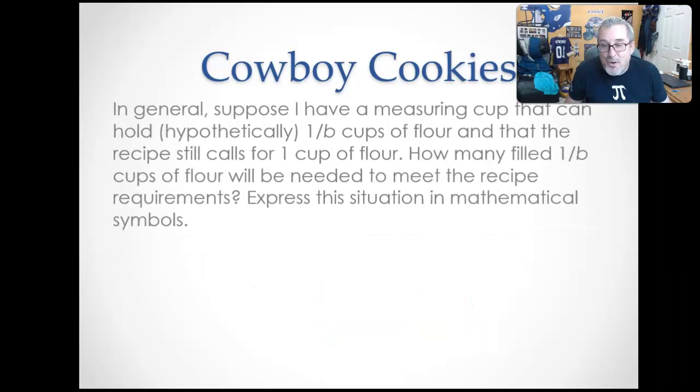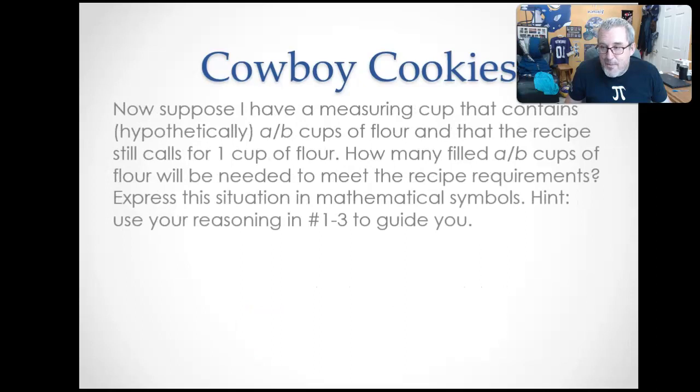So in general, what are we talking about here? Suppose we have a measuring cup that contains A over B, A copies of 1 over B cups of flour. And the recipe still calls for 1 cup of flour. So here's what I would argue.